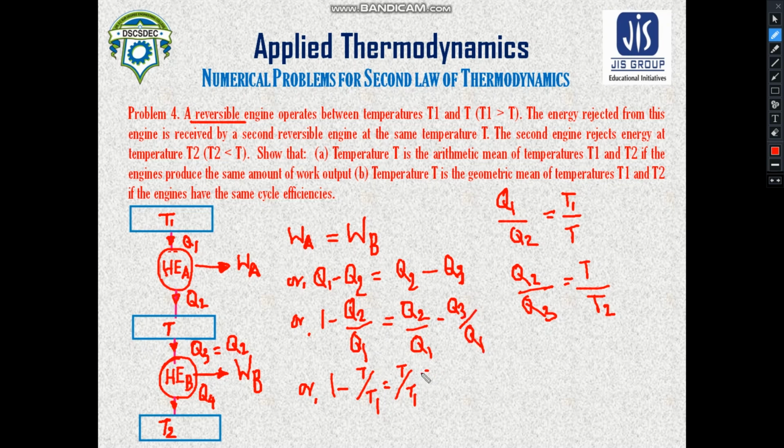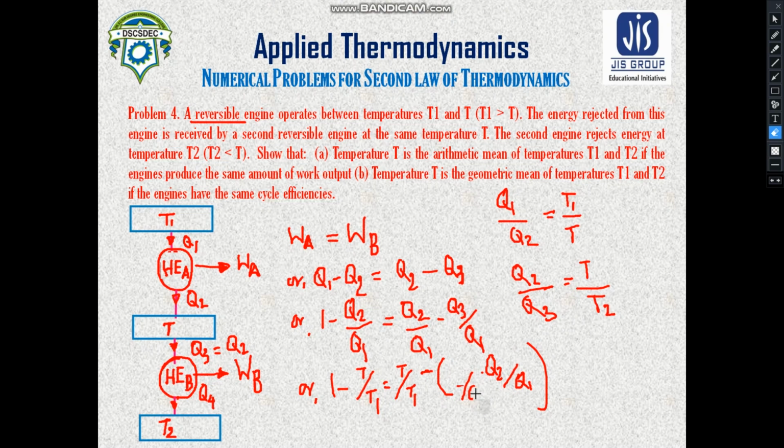So what we can do here is write Q3 divided by Q2 into Q2 divided by Q1. We are expressing this Q3 by Q1 as the multiplication of Q3 by Q2 into Q2 by Q1, and Q3 by Q2 would be T2 by T. So I can replace it here.